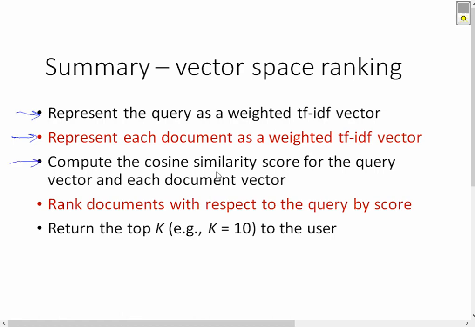We're going to calculate the cosine similarity score for each query using the dot product calculation. Okay, and we're going to rank all of the documents with respect to that score. So the higher the score, 0.94 would appear first, 0.82, and so on and so forth. So whatever that score is, we're going to have it in decreasing order.